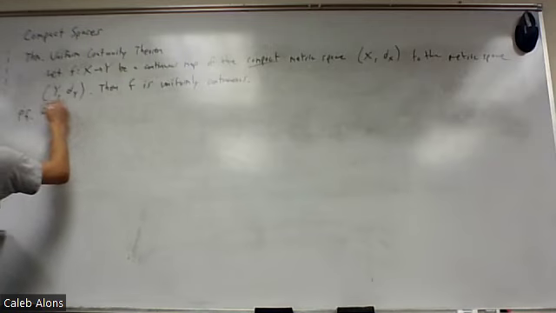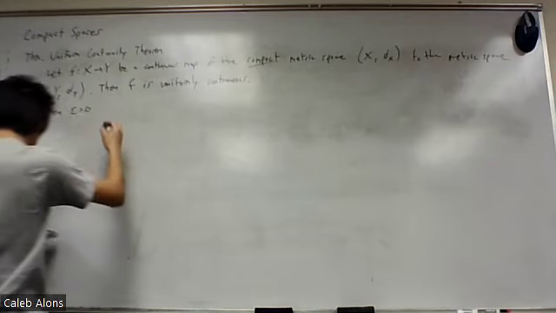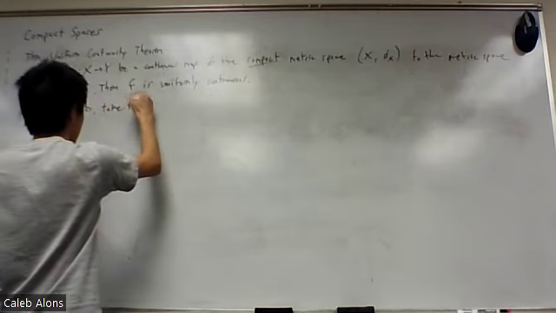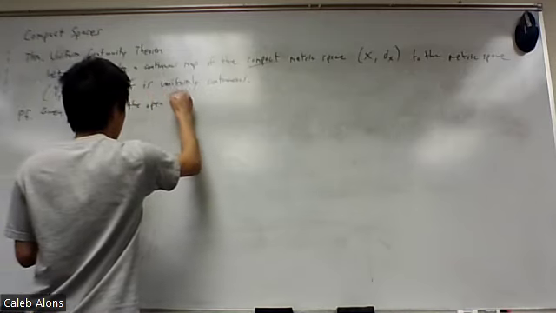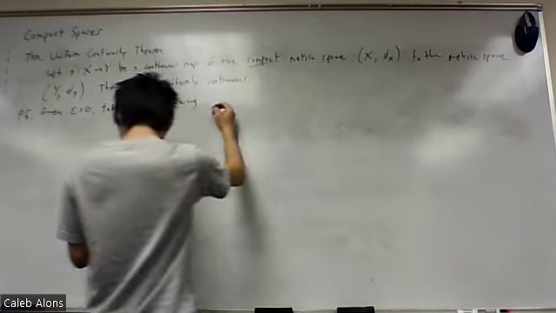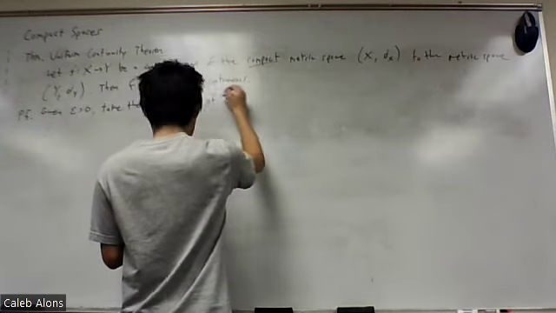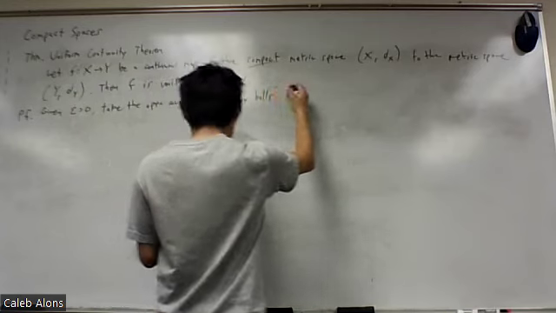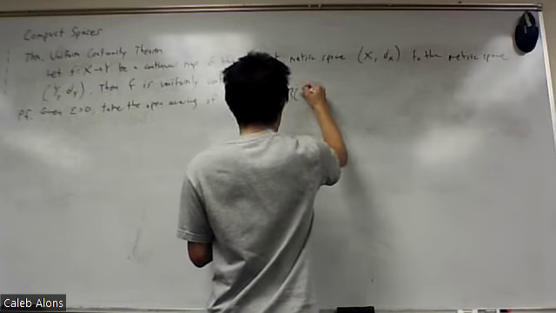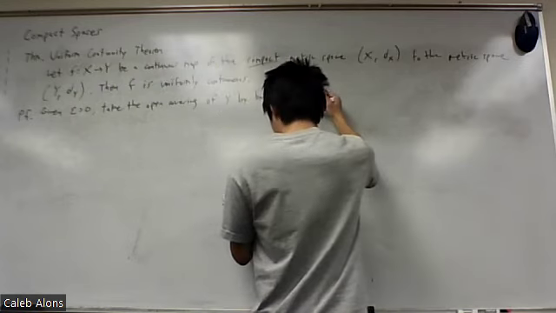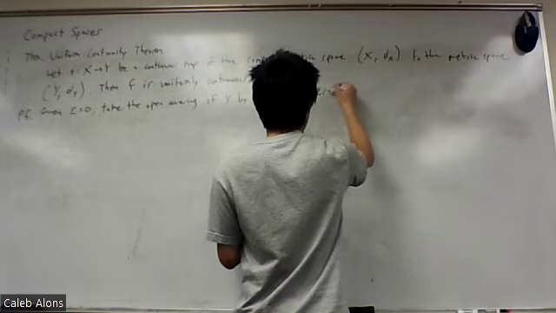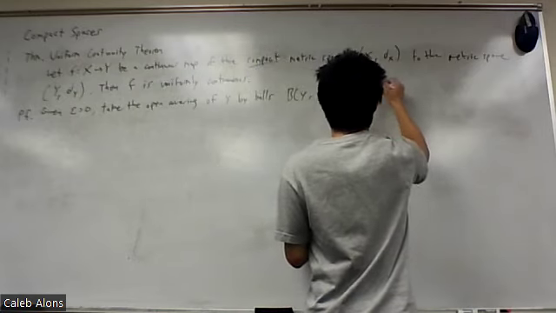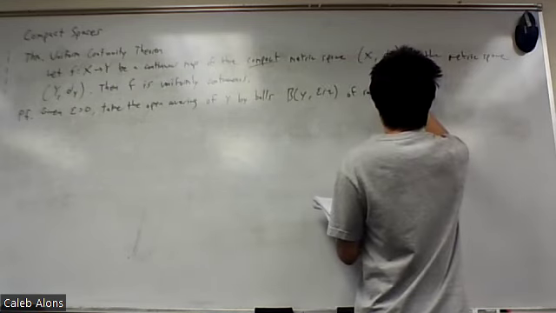So given any positive epsilon, we're going to take the open covering of Y by balls around a point y with a radius of half of epsilon that was chosen. That's just like looking in radius epsilon.